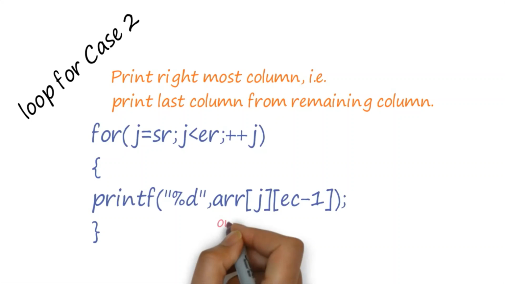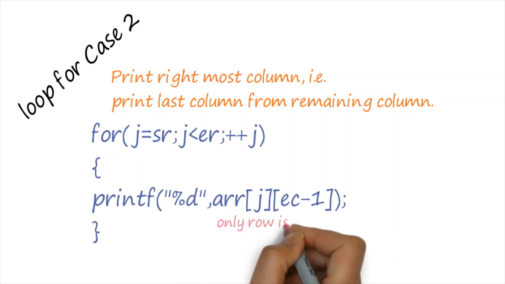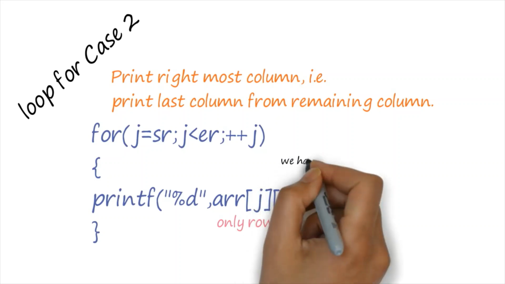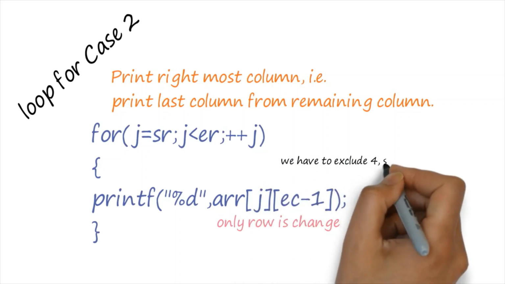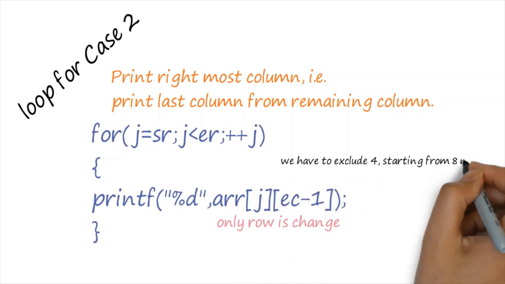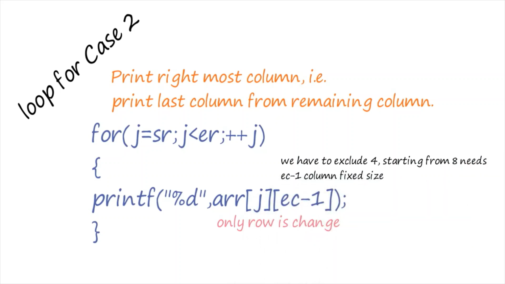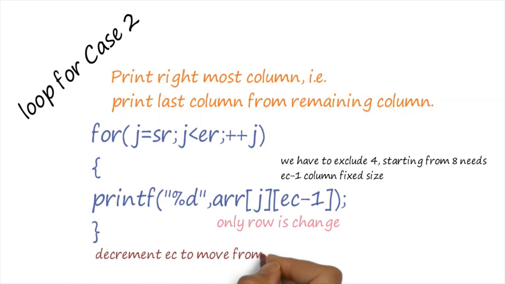So for that reason, in place of row I have written j. For case number 1, we have already printed element number 4 of row 1. So we will exclude that element. So after completion of this for loop, we have to proceed to the next column, means internal column. So that's why it should be EC minus minus.